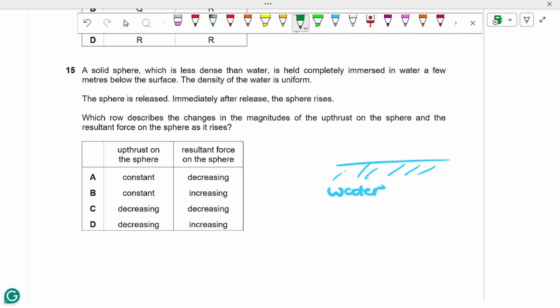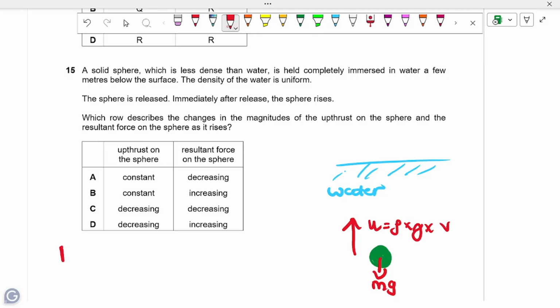Then you have your object like so, and you immerse it in water. Okay, so if I'm looking at the forces acting on this object, I expect the weight, which is mg, acting down, and I expect upthrust, which is equal to the density times g times v, rho g v, acting up, the density of water times g times v. And then the weight acting down.